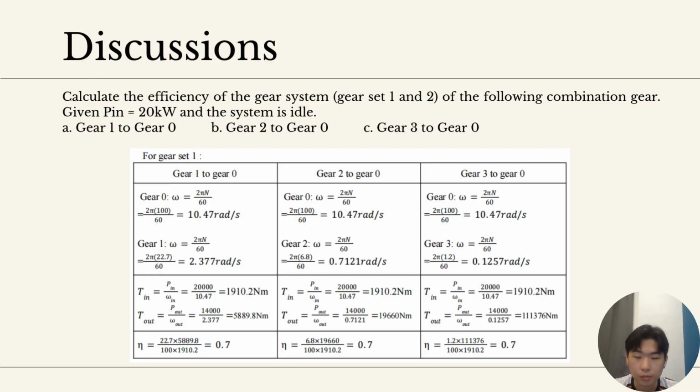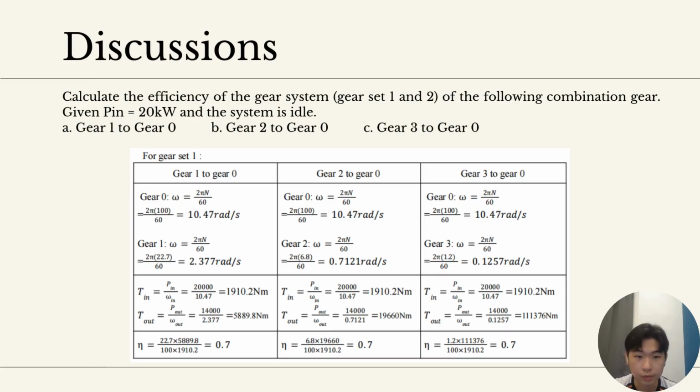And for gear 2 to gear 0, we can get the gear 0 is 10.47 radians per second, and the gear 2 angular velocity is 0.7121 radians per second. And next, the input torque we can get is 1910.2 Nm, and the output torque is 19,660 Nm. And finally, we can also get the same result of 0.7 efficiency.